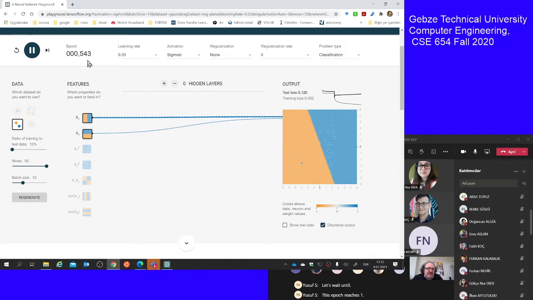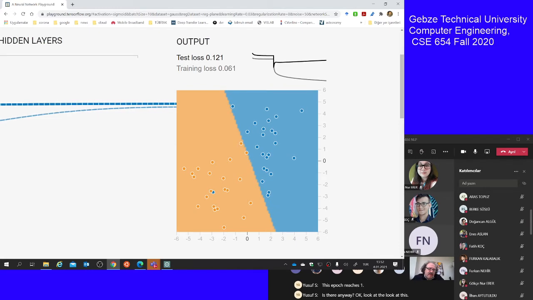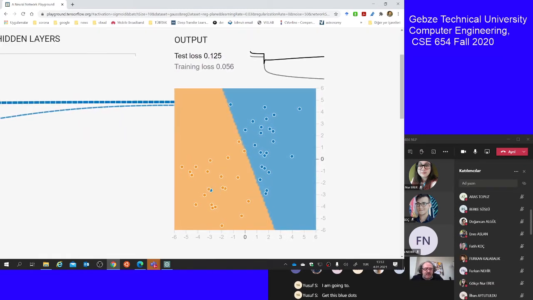Look at this picture. Do you think this is going to get better in terms of test data? What would you do to make this even better? How would you draw that line? There is no way I am going to get this blue dot out of there, because it has to stay in there. With a single line, I cannot do anything.